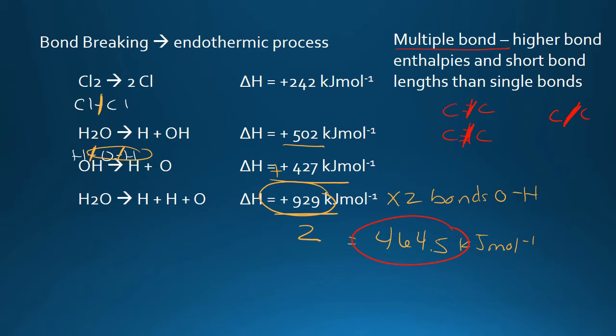When you think about it, as you get more and more bonds, these atoms get closer and closer together. You do have a reference table in your data booklet representing the bond lengths, and you can make that correlation between bond length and the bond enthalpy it takes to break it. As they get closer together, the stronger the attraction is between them.